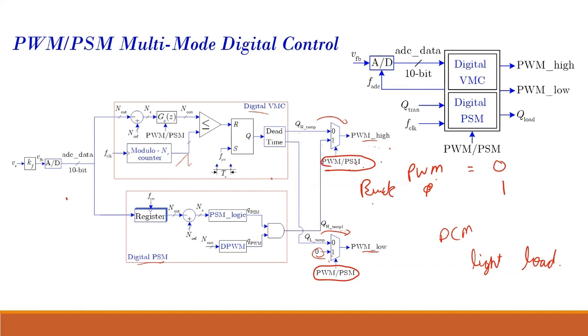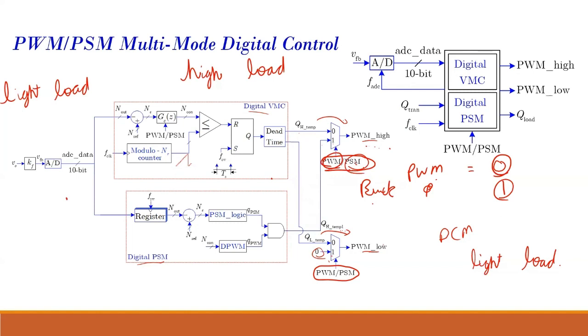If we are operating in high load condition, we must operate in PWM, so we give the value 0. When we realize it has gone into light load, then we have to go to PSM, and we give the value 1. Effectively the gate signals change accordingly.